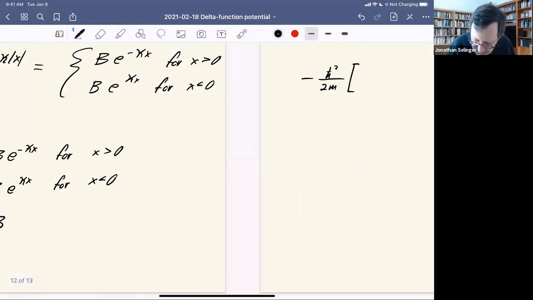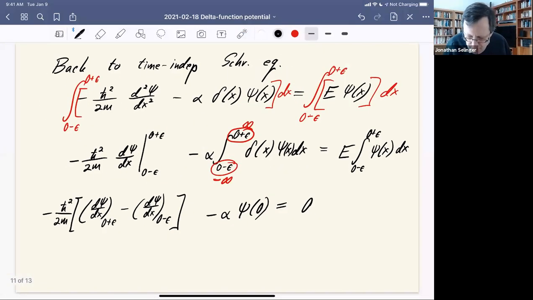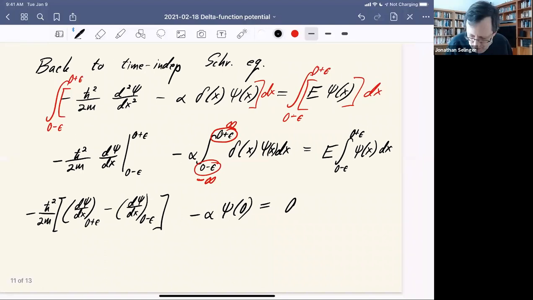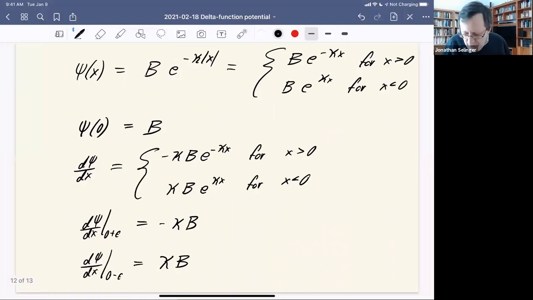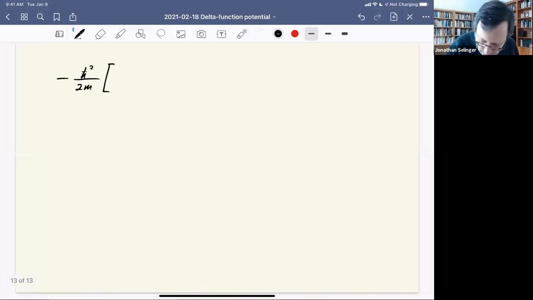So I want the derivative at positive epsilon minus the derivative at negative epsilon. So that's negative κb minus κb.